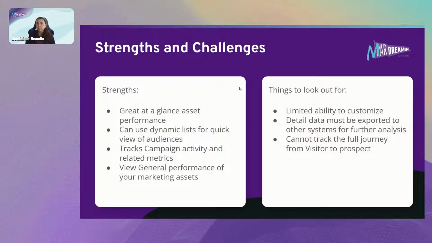Detailed data must be exported to other systems for further analysis. So there really isn't a way to create custom report types or do anything special that way. And you can't really track the full journey from visitor all the way through, I should say, opportunity. So when you're looking at all those bits, you don't necessarily have that whole vision. You can get it, but it's not within that product directly.